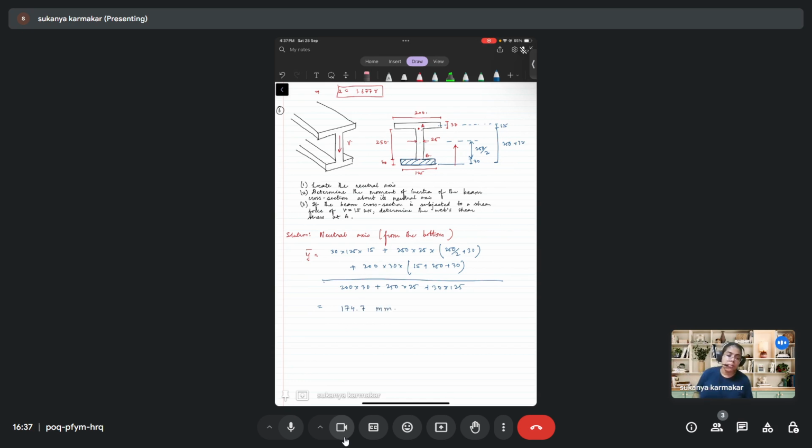So this is the position of the neutral axis from the bottom. Then you have to determine the moment of inertia of the beam cross section about its neutral axis.